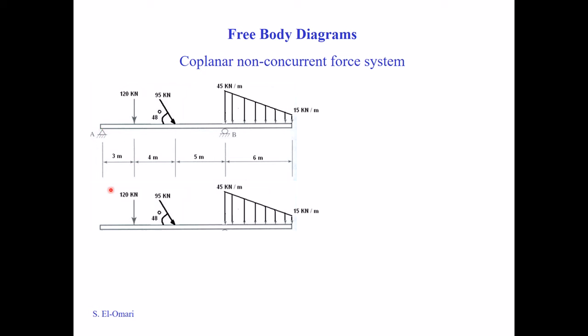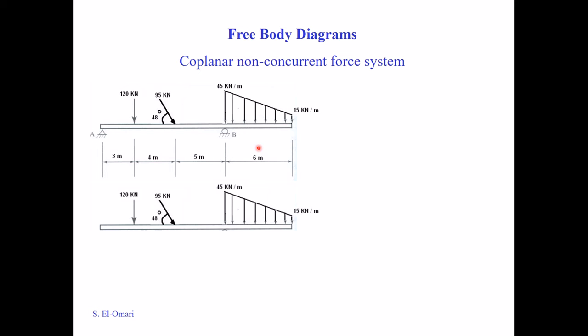The important step is first to draw the line that represents the system or the structure, and then all the forces applied upon it, all the external forces. So here you have a distributed load, a single or concentrated load with an angle, and another concentrated load of 120. So the first step is drawing the external loading.